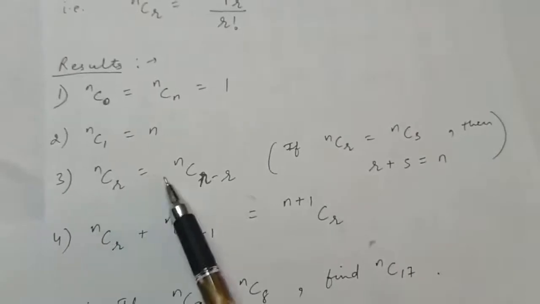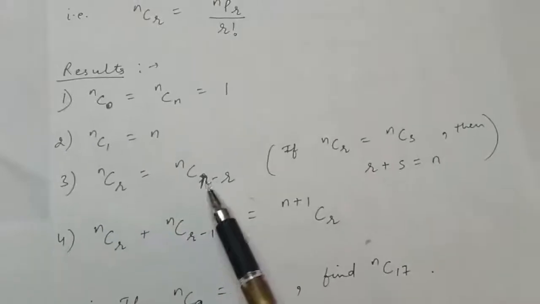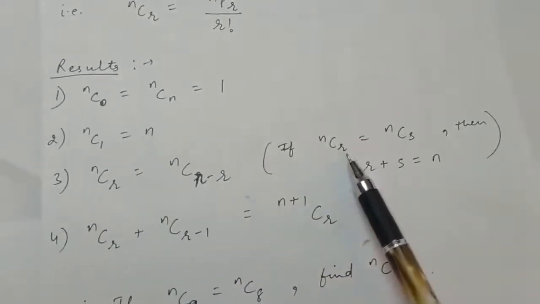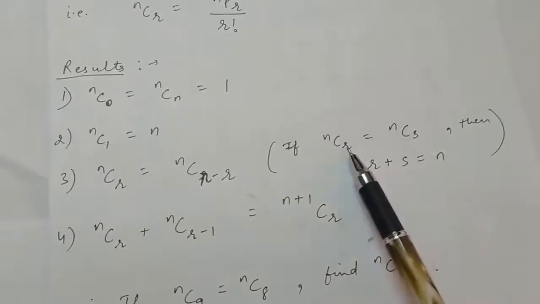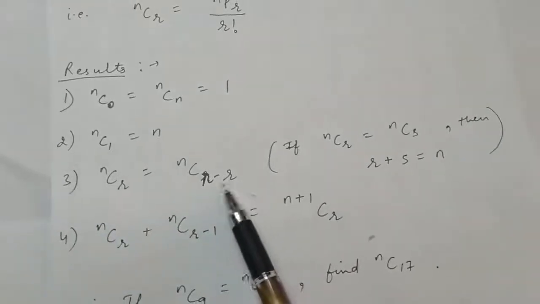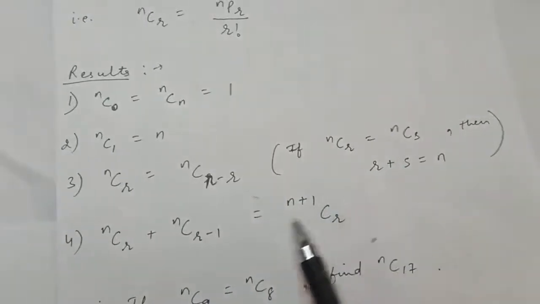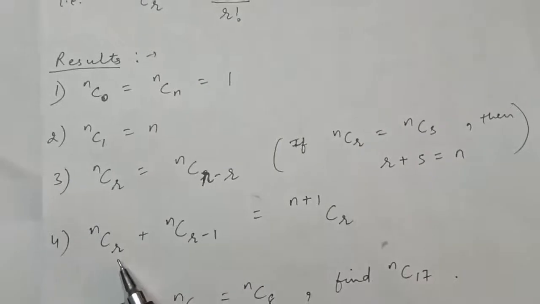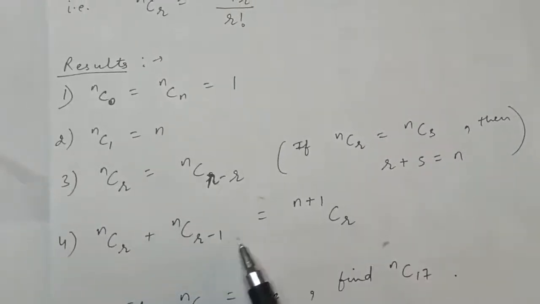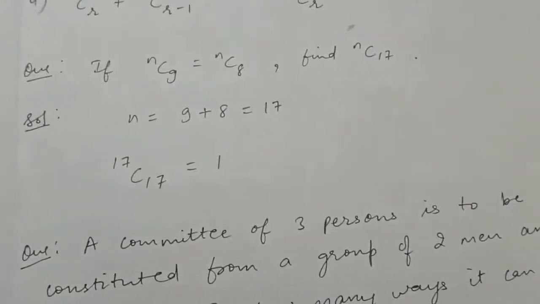Because of this result we also get that if nCR is equal to nCS, then R plus S is equal to n, because from here you can see when you add R plus (n minus R), it will be n. Therefore R plus S is equal to n. And the last one is that nCR plus nC(R minus 1) is equal to (n plus 1)CR, right? So learn these results.